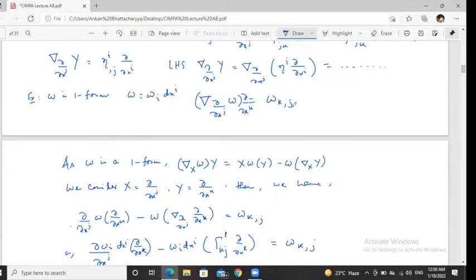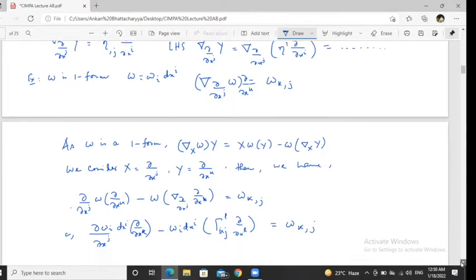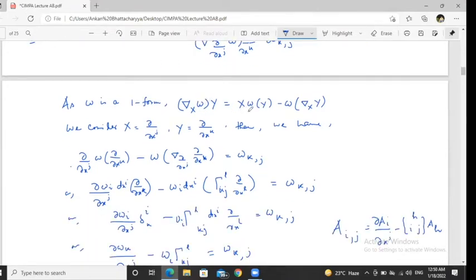If I write it in this way, omega_{k,j}, then by ∇_X omega(Y), we can write X(omega(Y)) minus omega(∇_X Y) by the definition of the covariant derivative of a form.